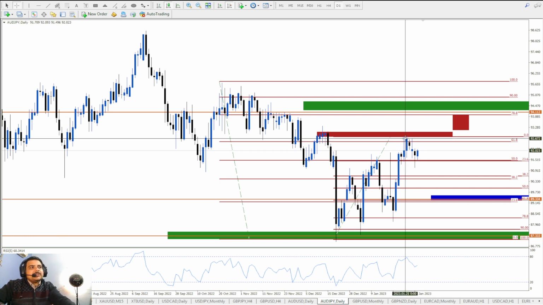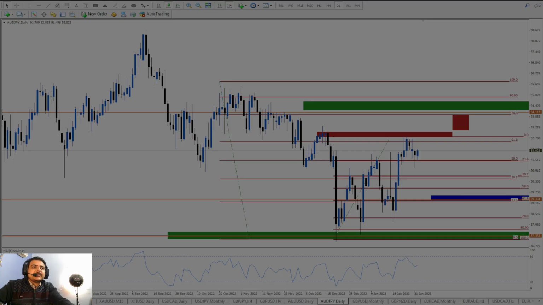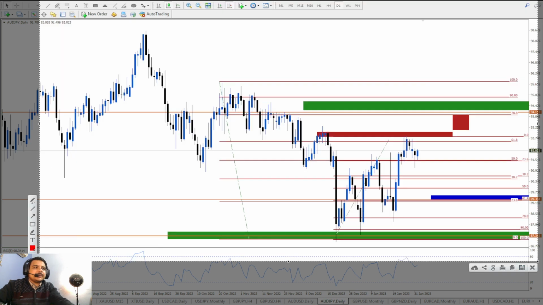So yes, on the daily I got this 61.8% retracement, and this is the reverse 61.8% retracement. I hope you get my point, what I want to convey. Let me tell you once again. Market is coming down, retraces back 61.8.